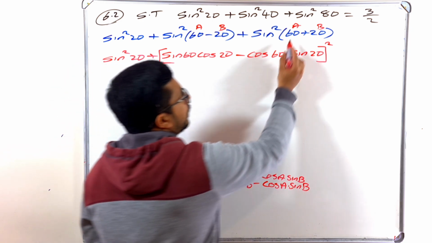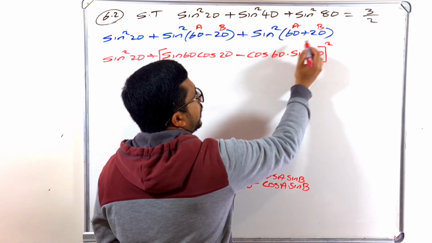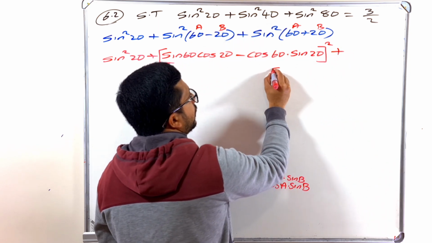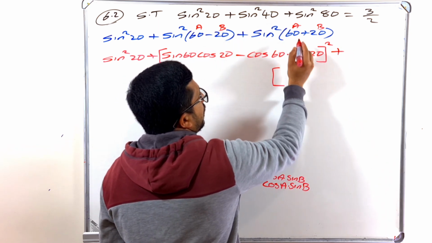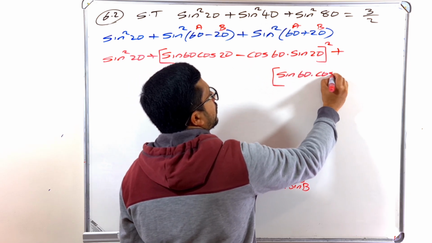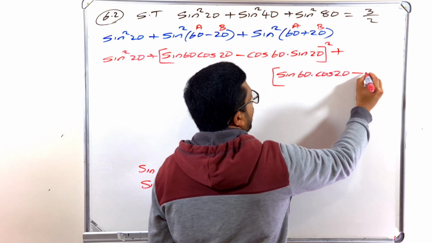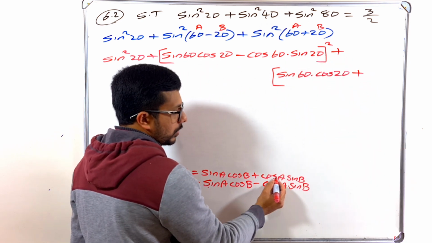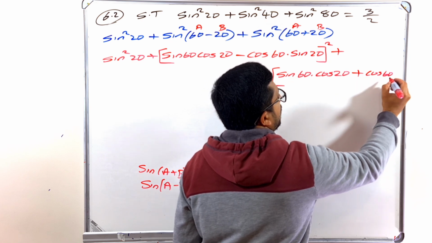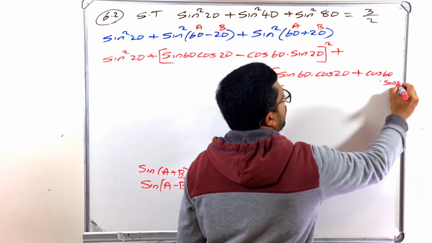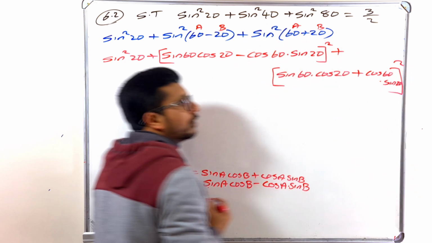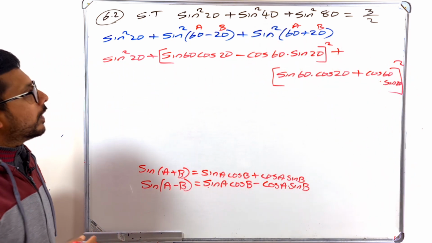So similarly here our a is 60, b is 20. Sine 60 cos 20 plus cos 60 into sine 20. Since here it is square, we have to square that one.